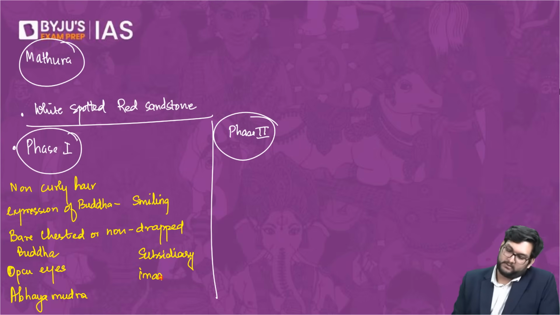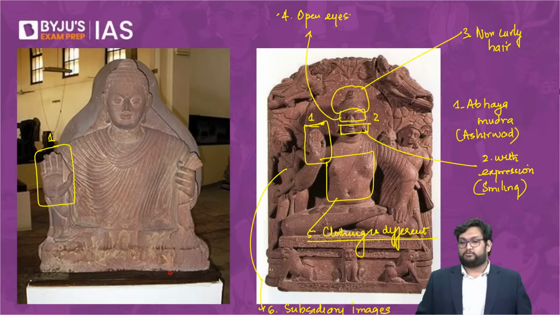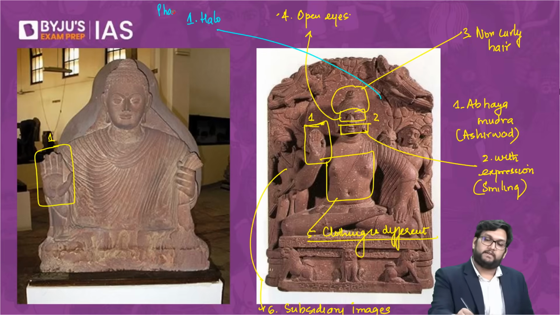But now when I go to the second phase, when the Kushanas will take over the Mathura school, you see that the whole set will change. What is this? Halo, phase 2 comes through. Thereafter, elongated ears will come in.